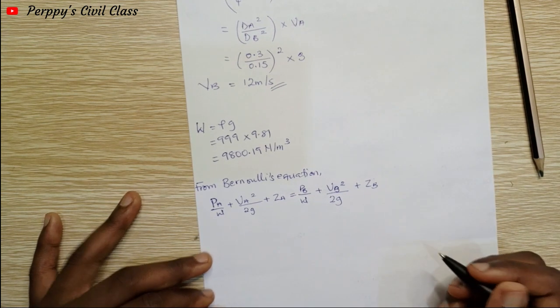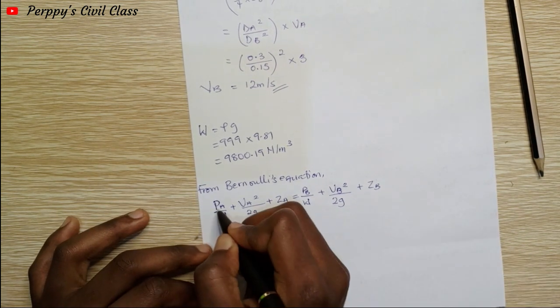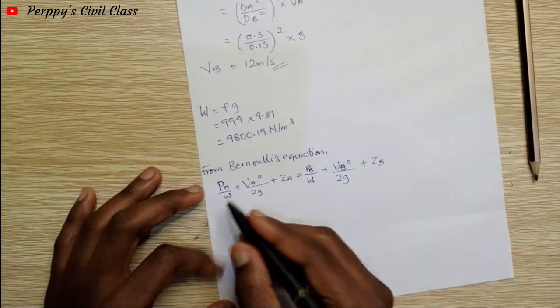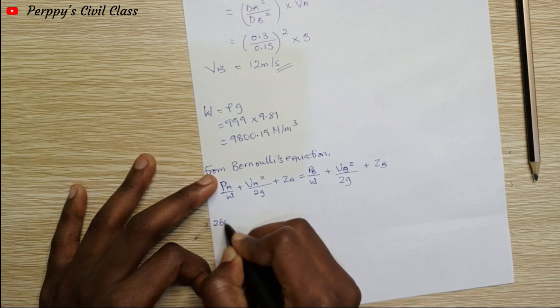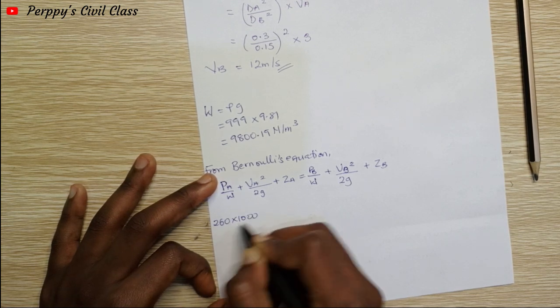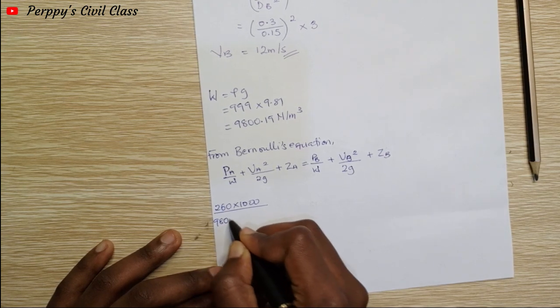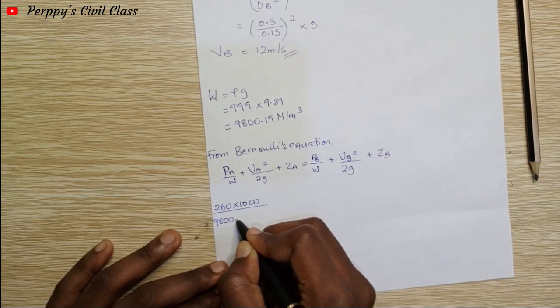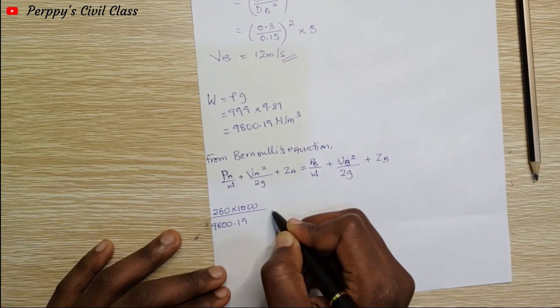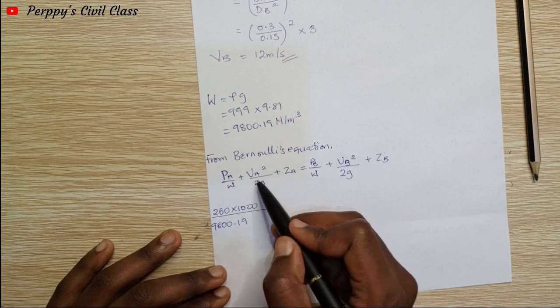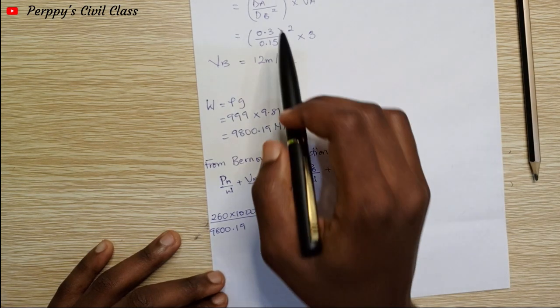So the gauge pressure at A, PA, is 260 kilopascal. So 260 multiplied by 1000 divided by the weight, 9800.19, plus velocity at A, VA, 3 meters per second.